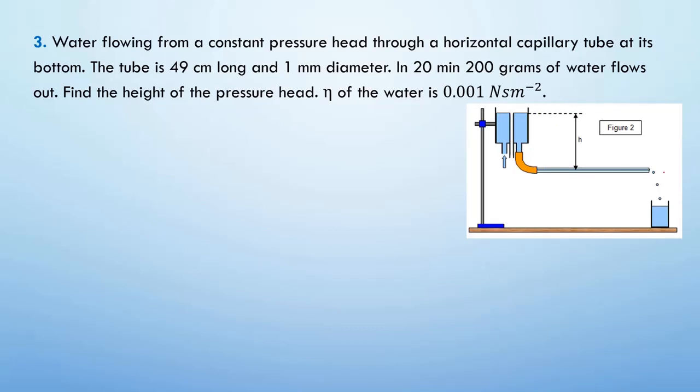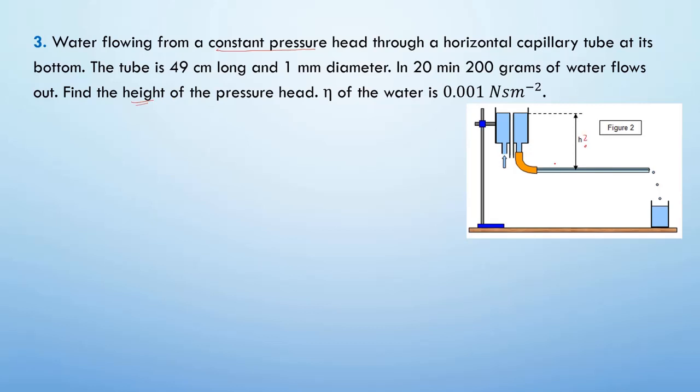That is, no matter how much water flows out, the tank is being filled again and it is maintained at a constant pressure, which means that this height is always the same. This height difference between the tube and the head never changes. And what we are asked to find is also this height. So this height is what we need to find.